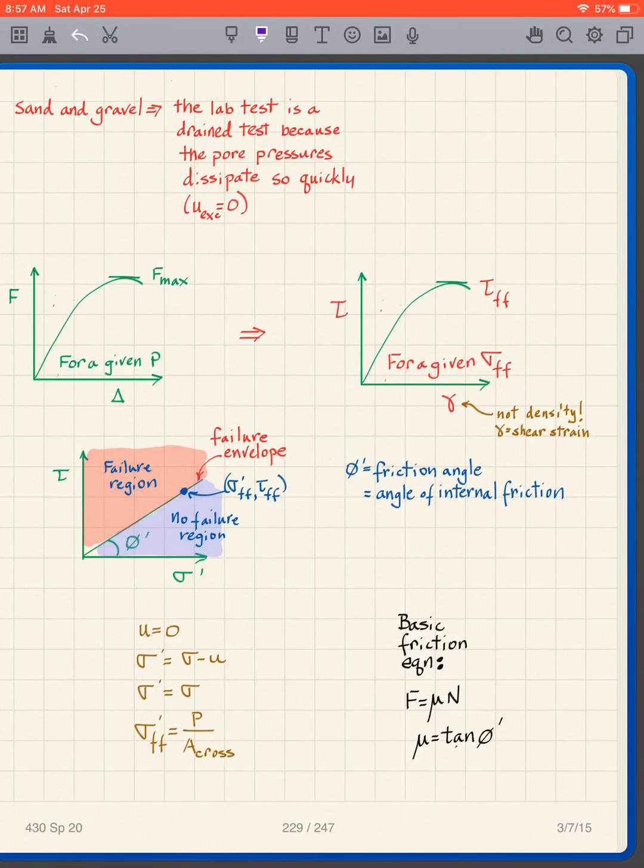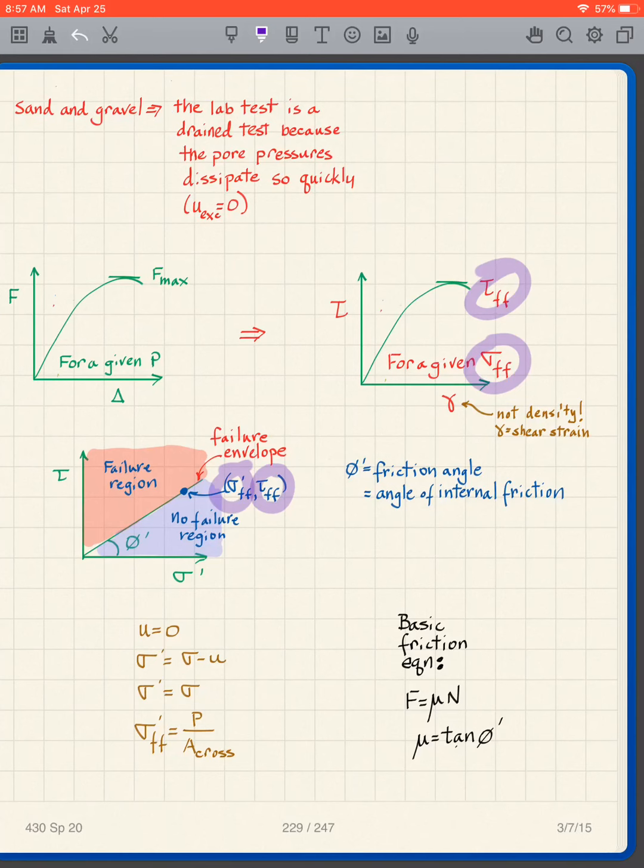And note, because the excess pore pressure is 0, sigma FF and sigma prime FF are the same. So this sigma FF is going to be a sigma prime FF. This tau FF is right there.